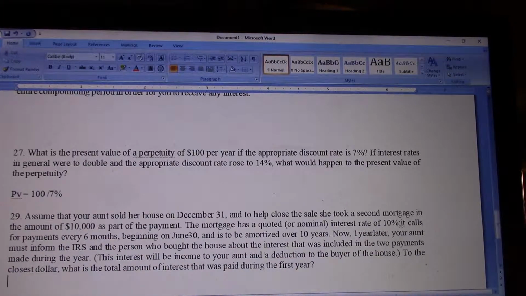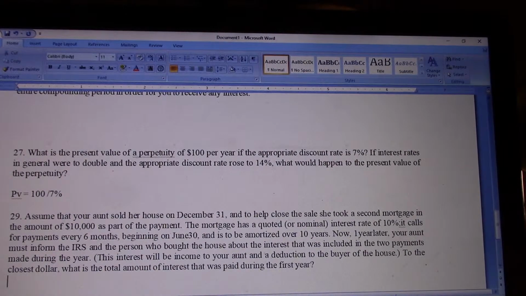Now I want to give you some help on question 29. This is a mortgage problem. Your aunt sold her house on December 31st, and she took a second mortgage in the amount of $10,000 as part of the payment. The quoted or nominal interest rate is 10%.